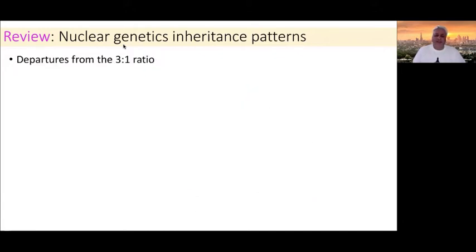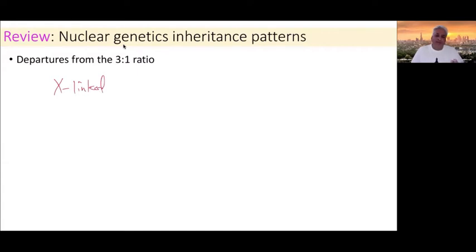On the next slide, let's look at some departures that can be caused by the environment or by using various combinations of alternative chromosomes. So our favorite is X-linked traits. So this will be color blindness in humans, for instance. The gene itself resides on the X chromosome.